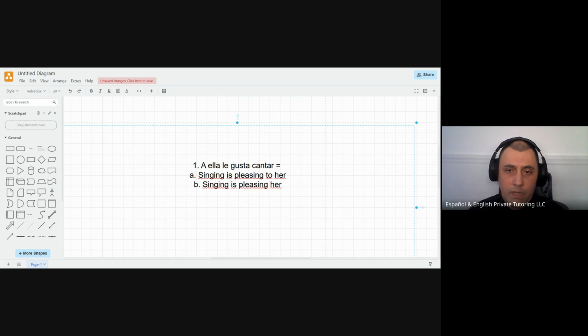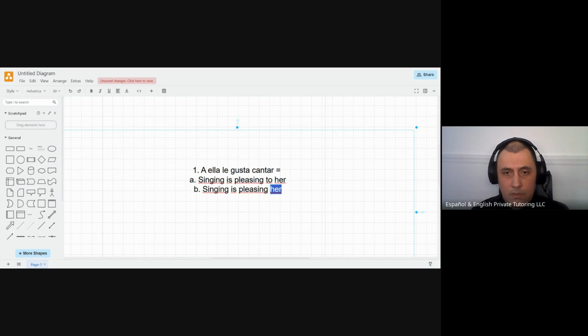So her is getting affected indirectly by the action. In this case, to her will be then the indirect object. But instead of saying to her in English, you can use an indirect object pronoun and just say her. It's kind of the same in Spanish.